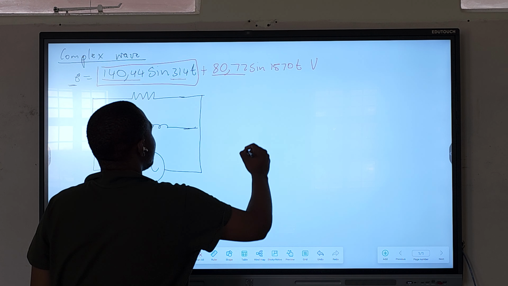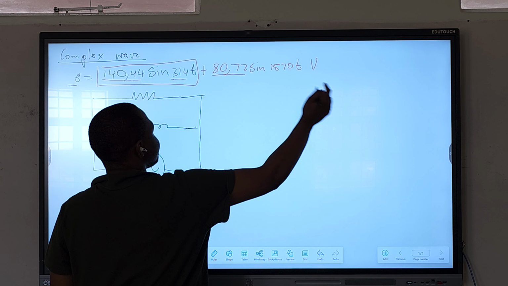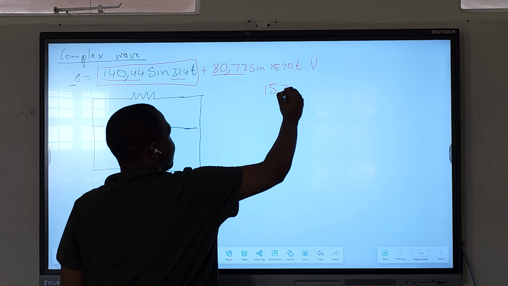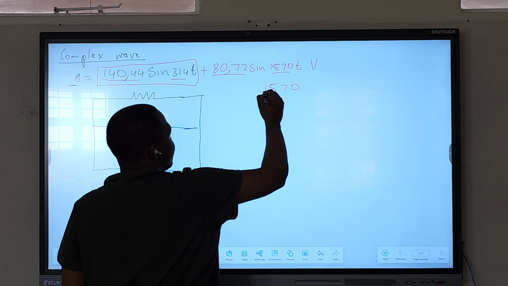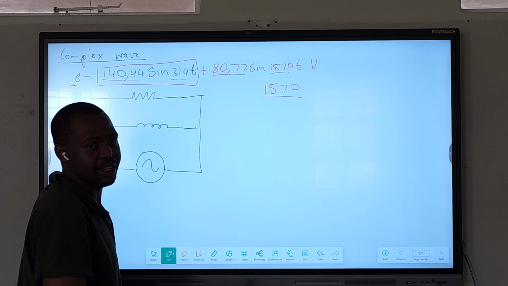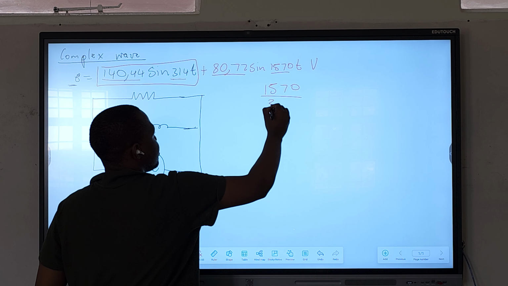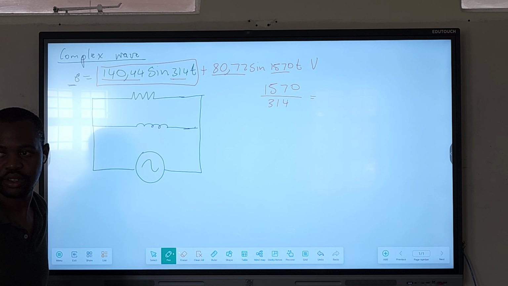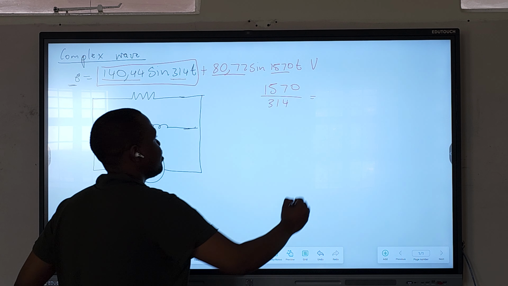So we're gonna say 1570, which is this one, divided by the fundamental. What is the value? The value is 5.